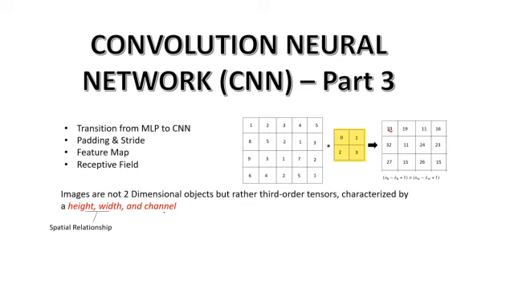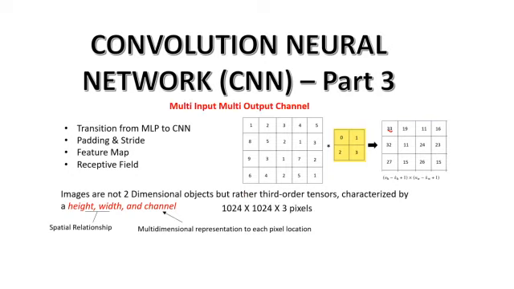Now, height and width give you the spatial relationship, and channel is a multi-dimensional representation of each pixel location. So it basically gives you the information of how much red, how much green, how much blue is present in that particular pixel.